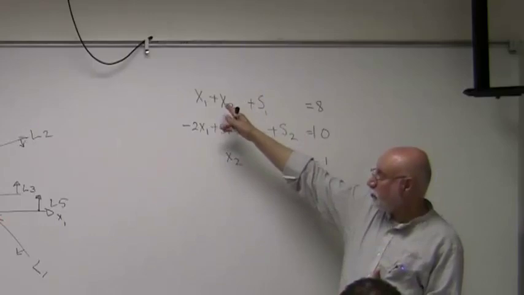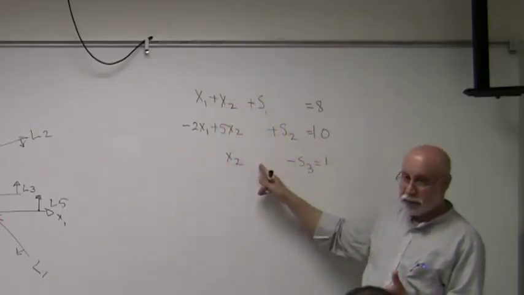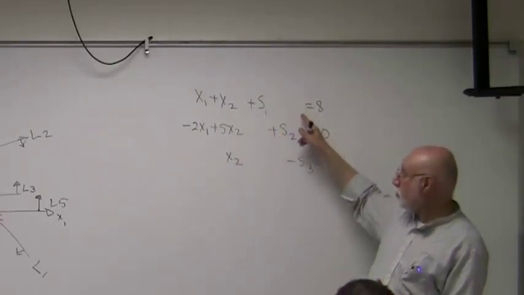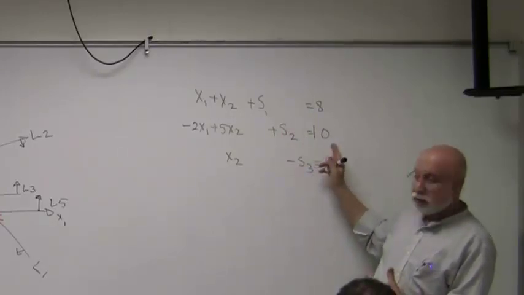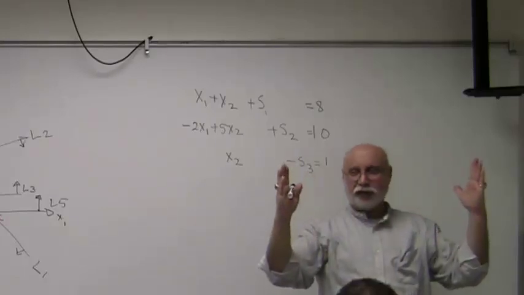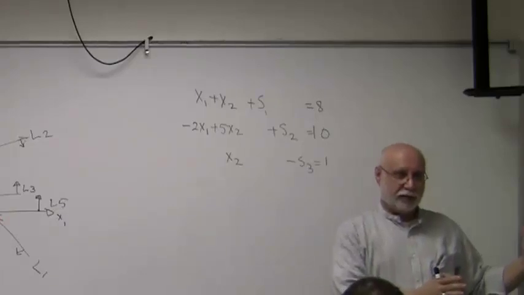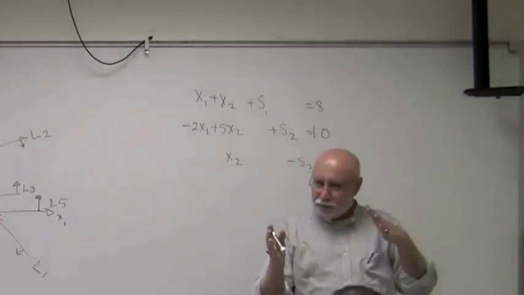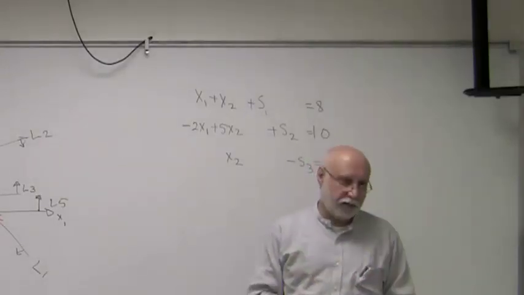The column of the matrix of 1, 5, and 1. 1, 0, 0, 0, 1, 0, 0, 0, minus 1. The right-hand side of 8, 10, 1. When they are written right underneath each other, I will not make mistakes in copying those numbers. So get to use this type of writing because it will be very, very helpful.